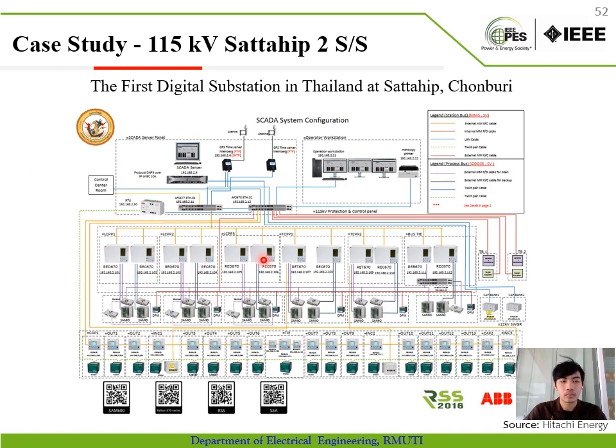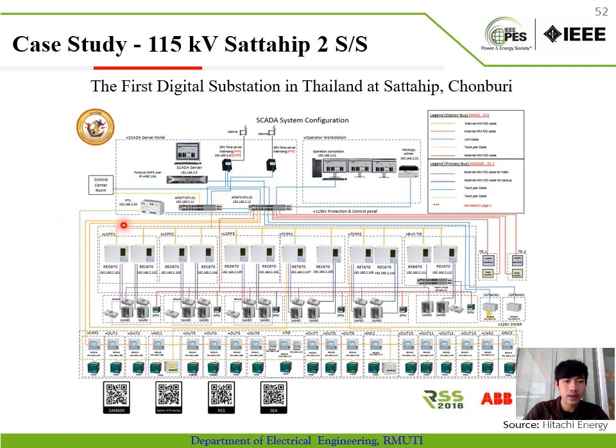And each protection and controlling relay communicates with each other by the GOOSE protocol, and it is transmitted to the user interface and SCADA for checking the occurring events or faults of the system.